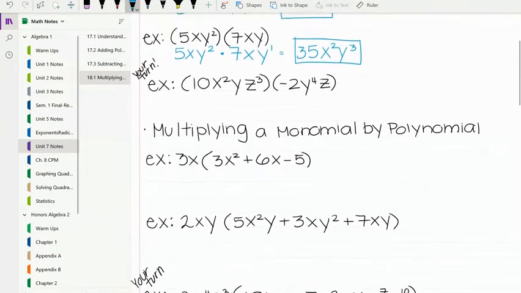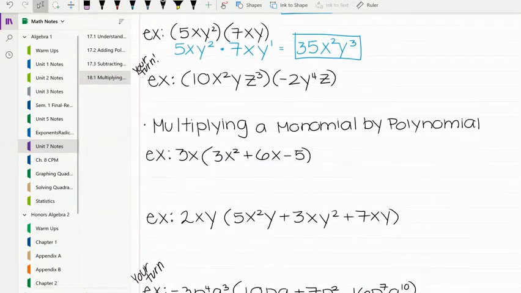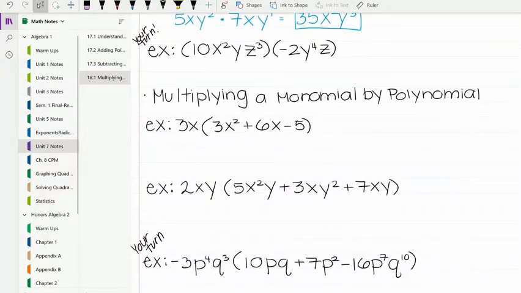So now we are going to look at multiplying a monomial by a polynomial. So now we have the monomial and then we have to multiply it by multiple terms. That's really the difference. So we are going to use the distributive property, just kind of like how we practiced at the beginning. So I take my 3x and I'm going to distribute it to each part.